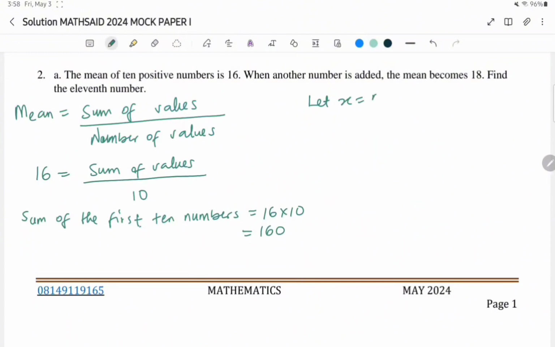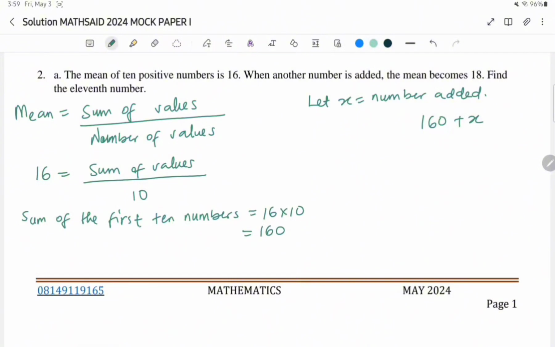Let x represent the number added. That means initially, the first 10 numbers sum up to 160. Now that a number is added, it would mean that that number plus 160 is now the new sum of values.